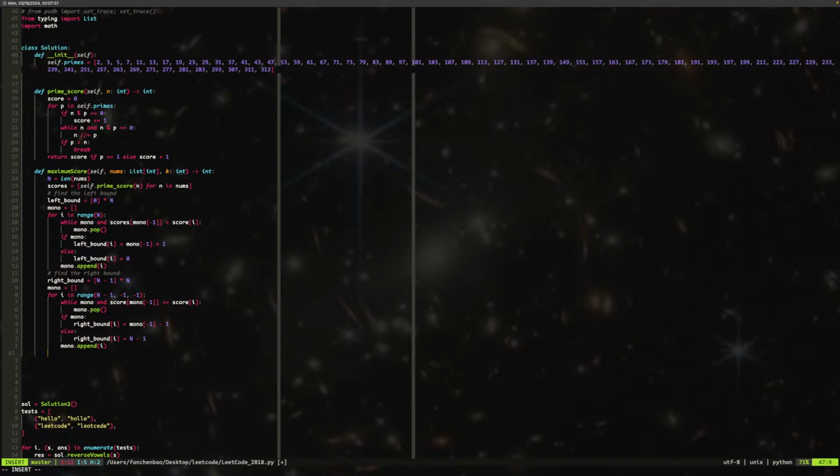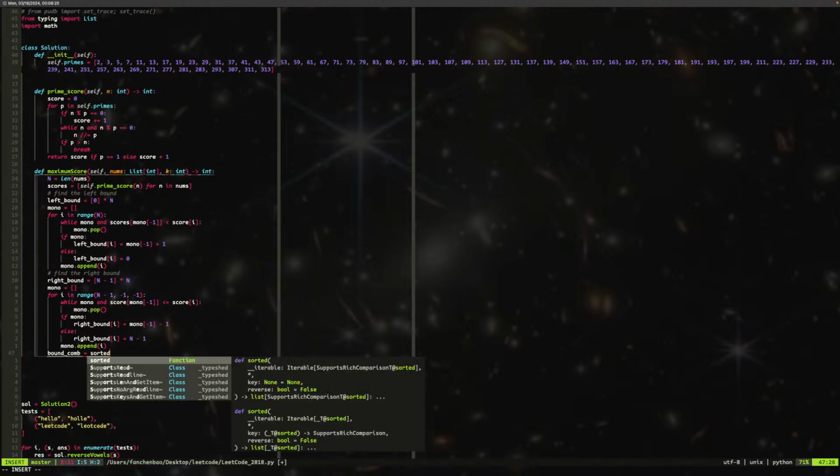Next we need to gather the left bound, right bound and the current nums. We'll sort them. I need the biggest number. So I can say bound combined shall equal to sorted.